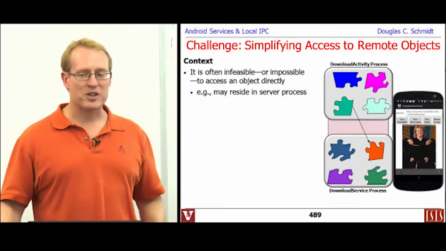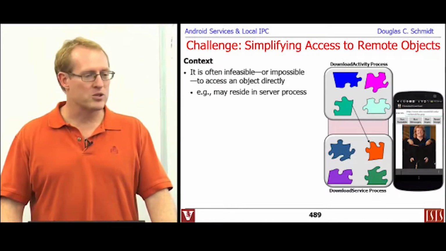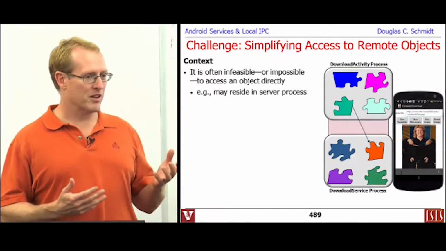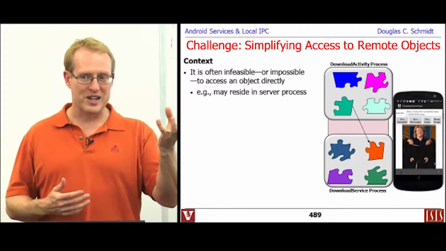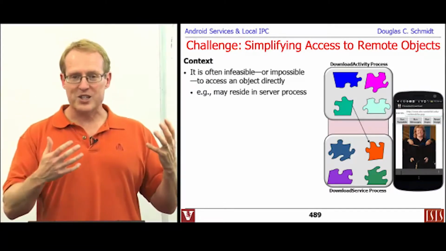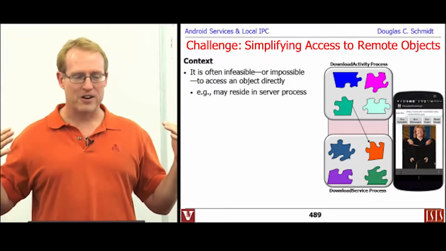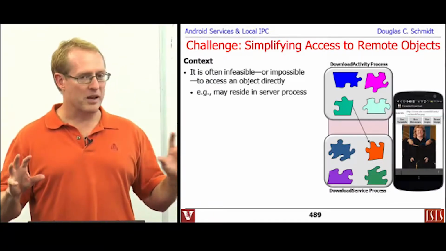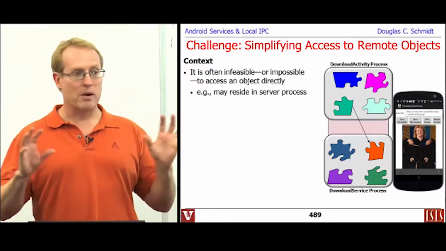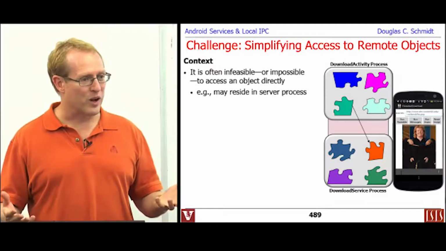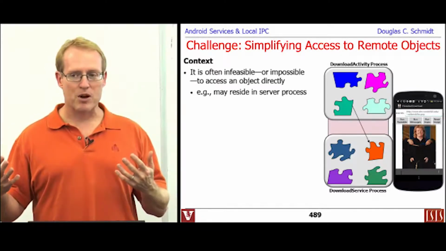So what's the context? Well, the context is, in most environments where you have to cross address spaces, it's not really feasible to access the internal details of an object directly. If it's in a server process, you just can't get to it from the client. You're separated from an abstraction boundary that could be a logical boundary, like you might have with, say, Java, or it might actually be a physical boundary, which is protected by the hardware, where you have things running in separate processes.